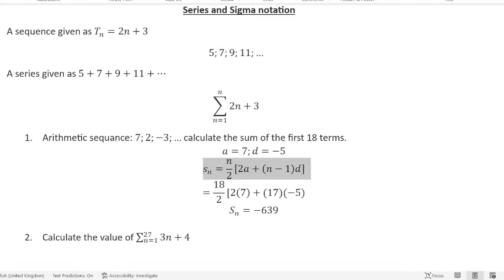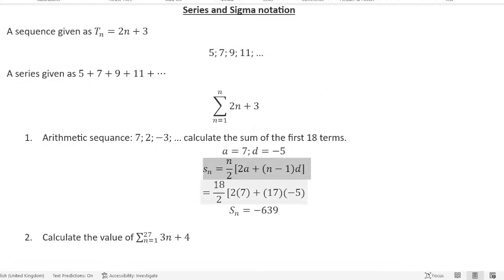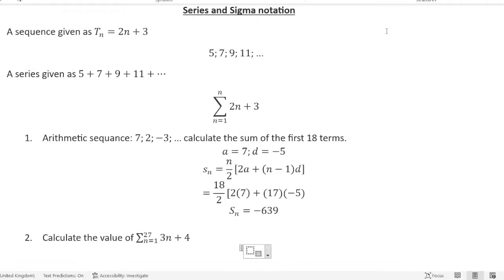So it's going to be Sn equals n over 2 into a plus l.